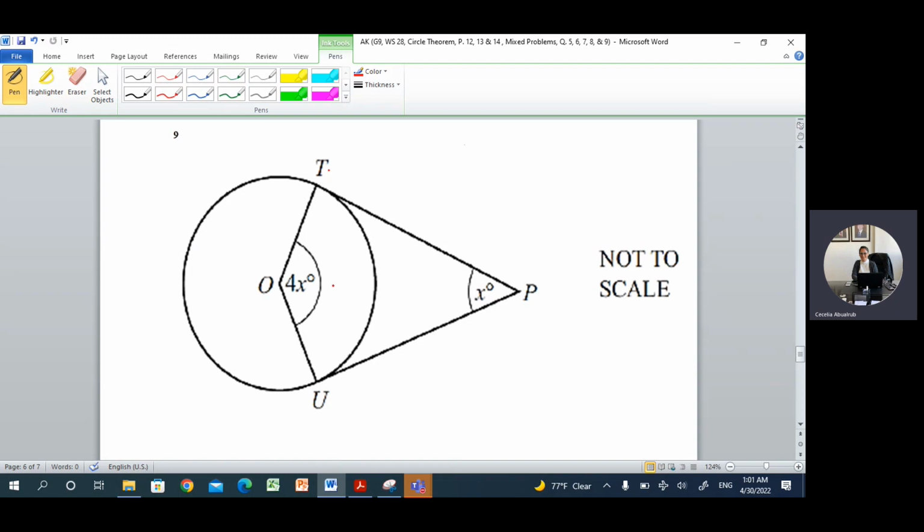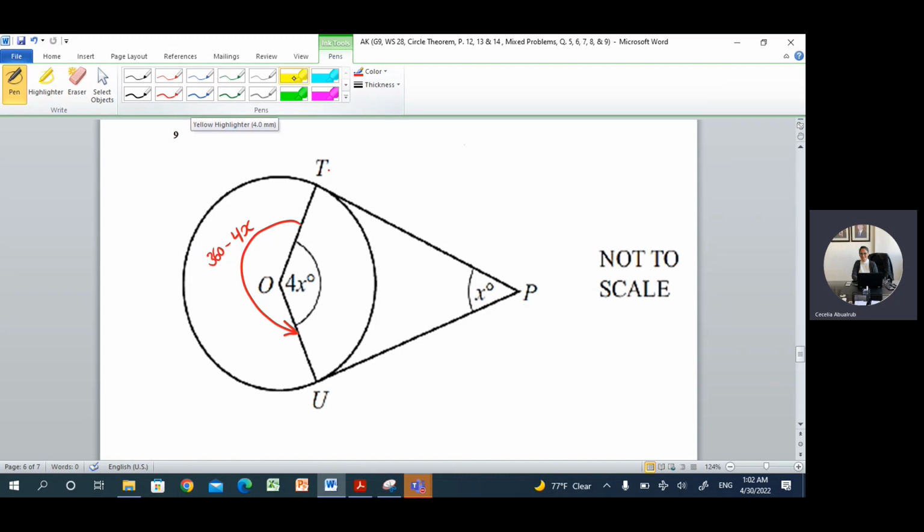So as you can see here, if we want to say this angle, the reflex angle is basically 360 minus 4x, because the angle at the center UOT is given as an expression of 4x.